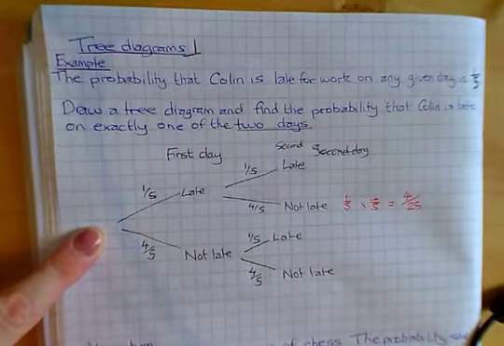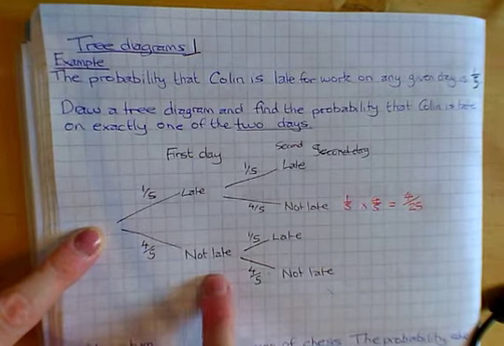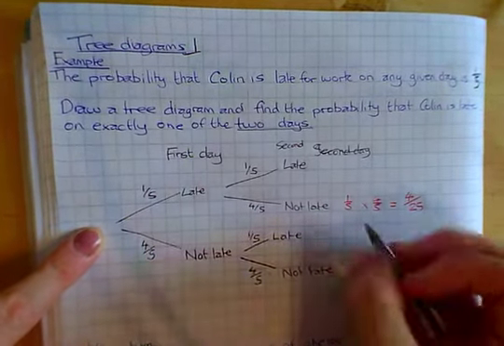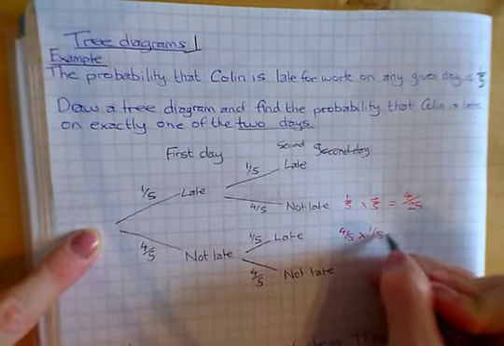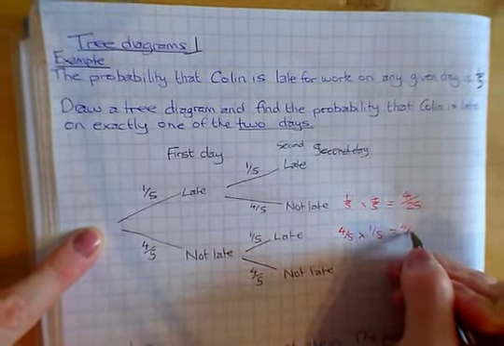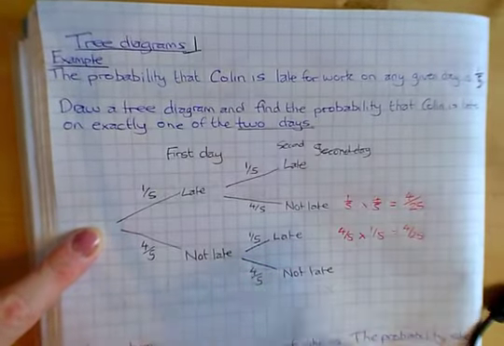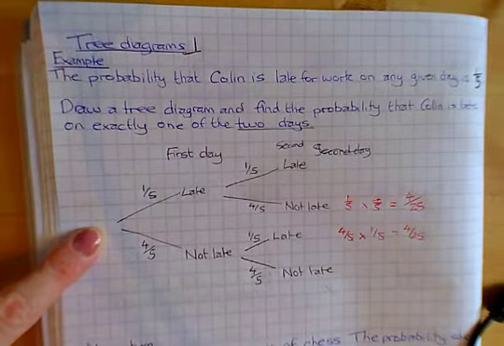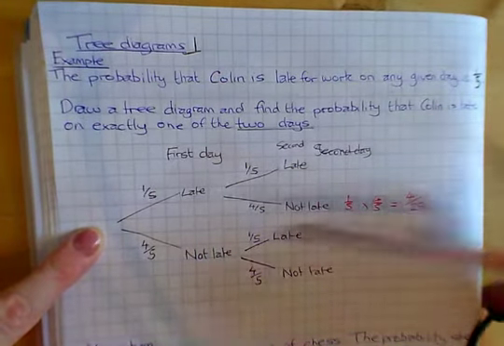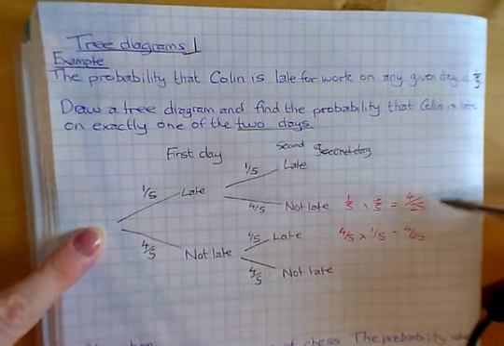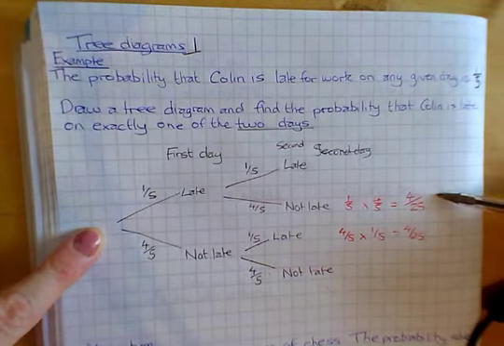4/25. The probability that he's not late and then late, well, again, we times across, so that would be 4/5 times 1/5, which again would give you 4/25. And because it could be either of these options, so it could be that he's late then not late, or not late then late, we add these together.